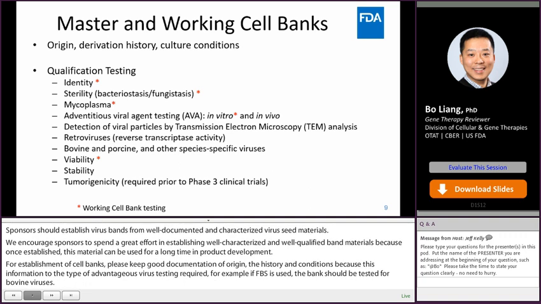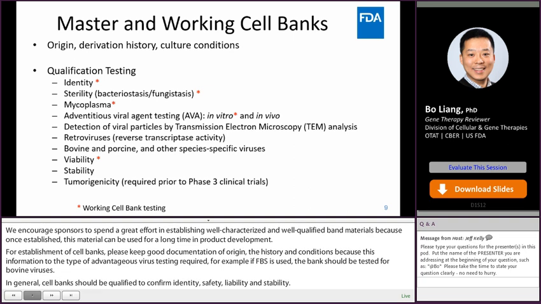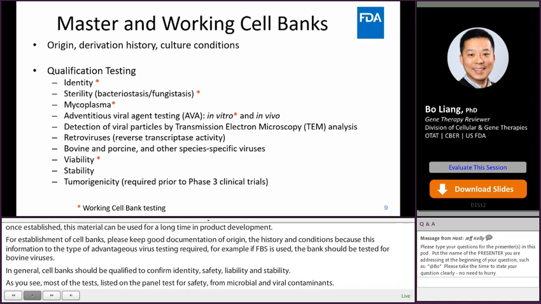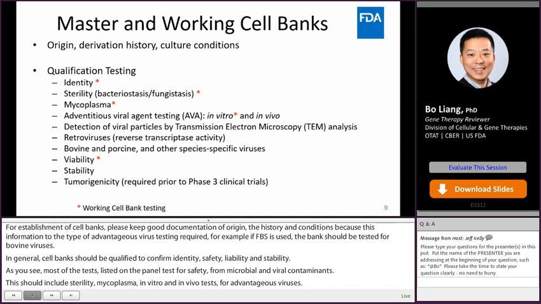As you see, most of the tests listed in this panel are tests for safety from microbial and viral contaminants, which should include sterility, mycoplasma, in vitro and in vivo tests for adventitious viruses, viral particles by transmission electron microscopy, retroviruses, and species-specific viruses depending on the cell species and reagents used.